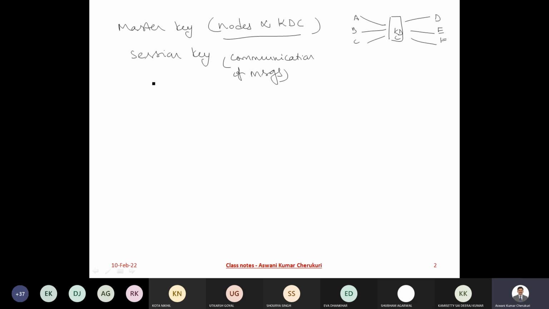Now the point is how long the session key would exist. It depends upon the kind of application. The application may demand a longer duration session key, or it may demand a shorter duration session key. But the session key is valid only for the duration of the session. It's not only that.